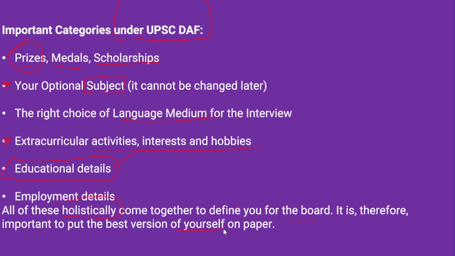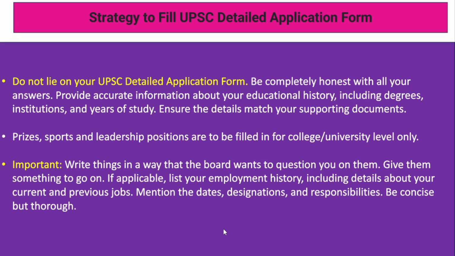Of course you will put your best version on paper, but you have to be prepared, and you have to keep in mind, you have to expect the unexpected. Because this is the mantra of the UPSC, since UPSC has become more and more unpredictable, you have to go by the principle of expecting the unexpected, particularly at the interview stage.